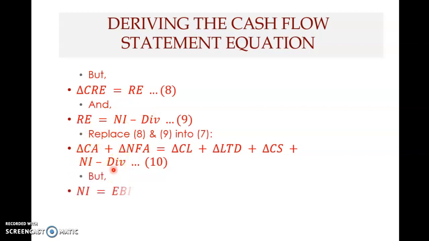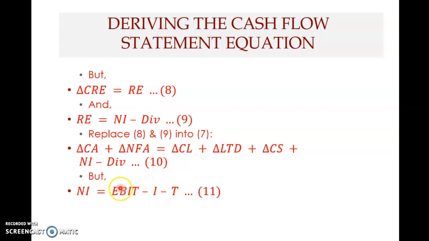Then we know that net income is actually earnings before interest and tax minus interest minus tax. This is again from the income statement. How do you derive the net income? You go back to the income statement. You know that net income is EBIT, earnings before interest and tax, minus interest minus tax. So this is this equation.